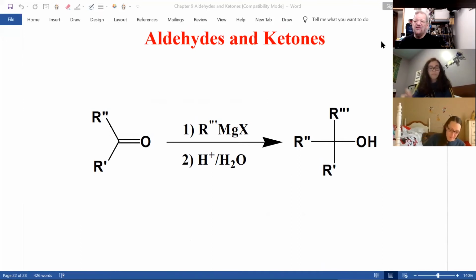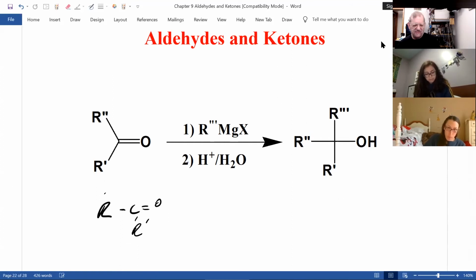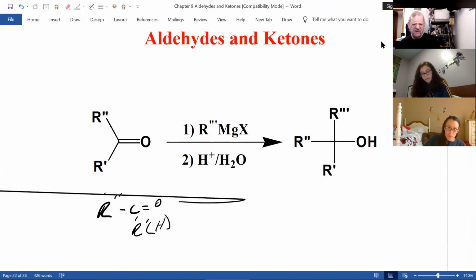All right, this is the beauty of the Grignard reaction. If you take a ketone or aldehyde, and let me teach you something right here.